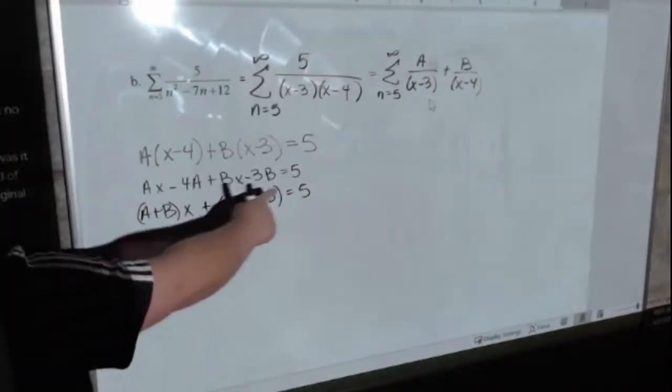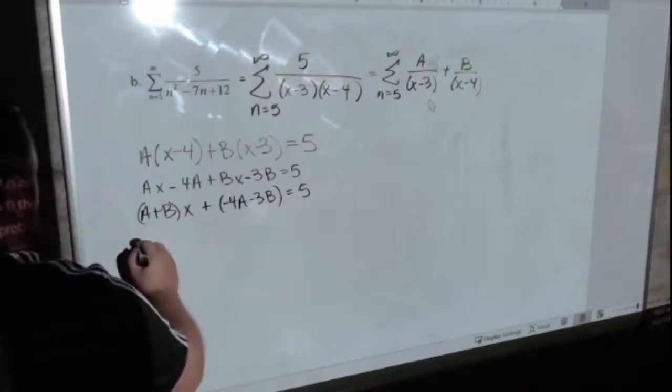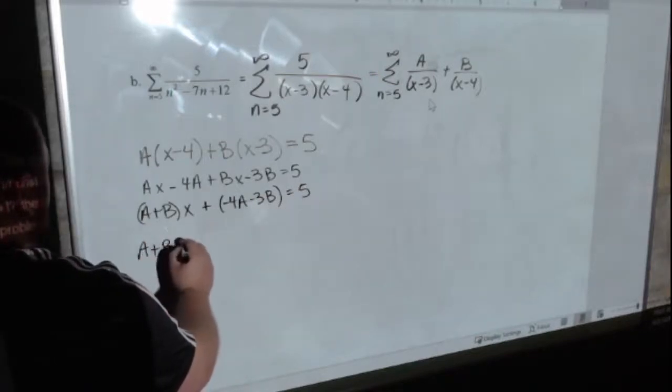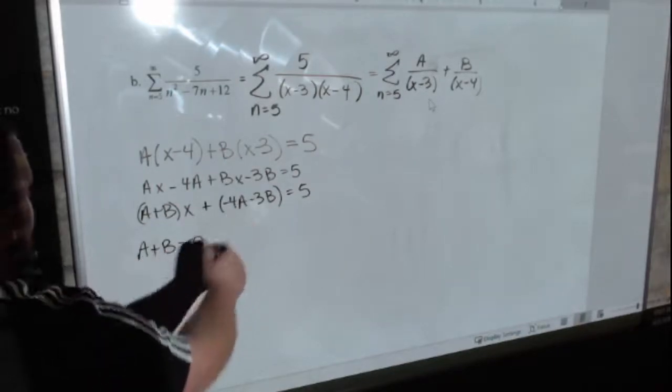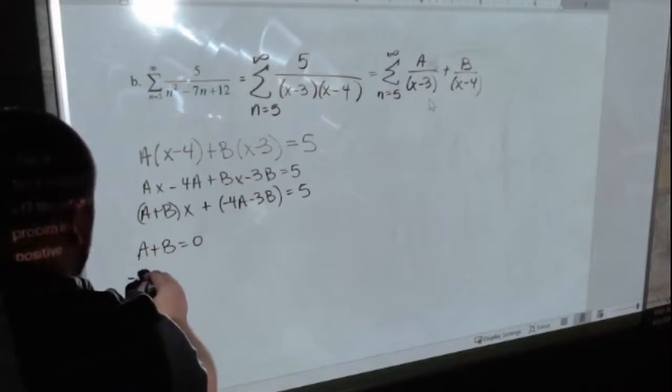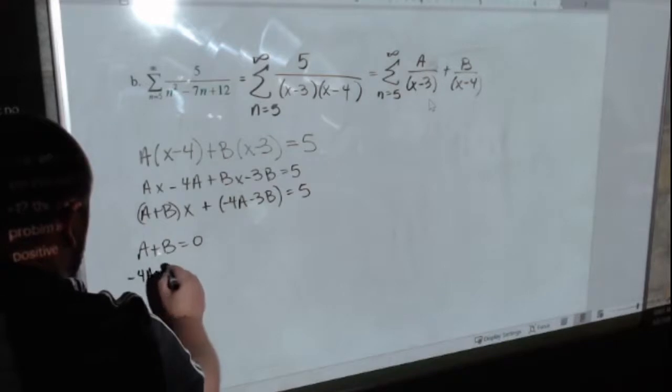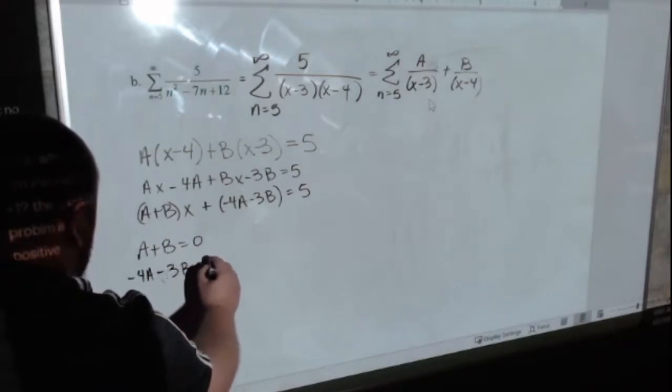So there are no x terms on the right. That means that a plus b must be 0. And this guy, minus 4a minus 3b, has to equal 5.